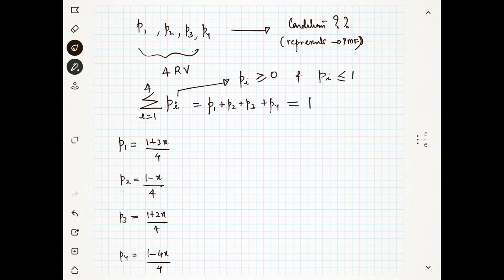That means all the probability mass function values will be between 0 and 1.